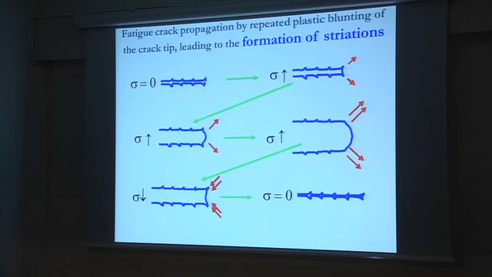And this is the mechanism of formation of striations. We see the cycle that leads to the formation of one more striation on the fatigue surface. Begin with sigma equals 0, there are 4 grooves, on each side of this crack.